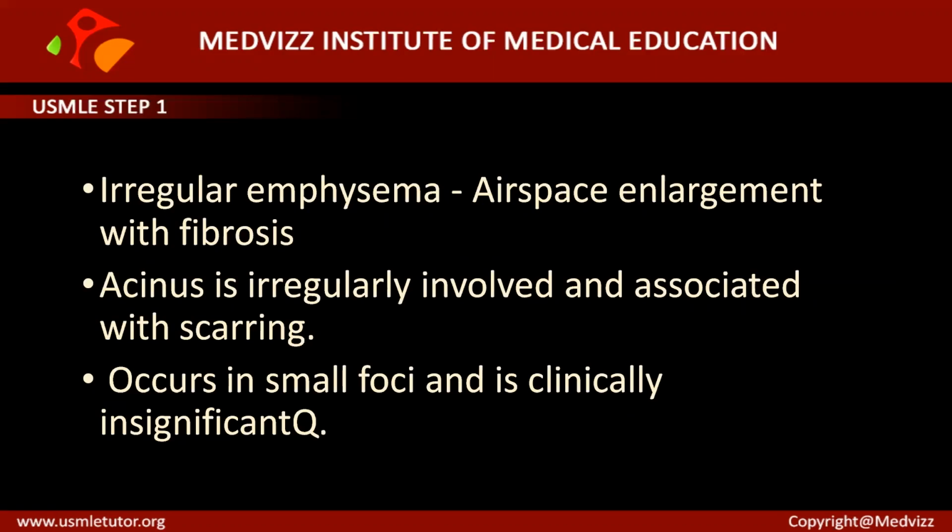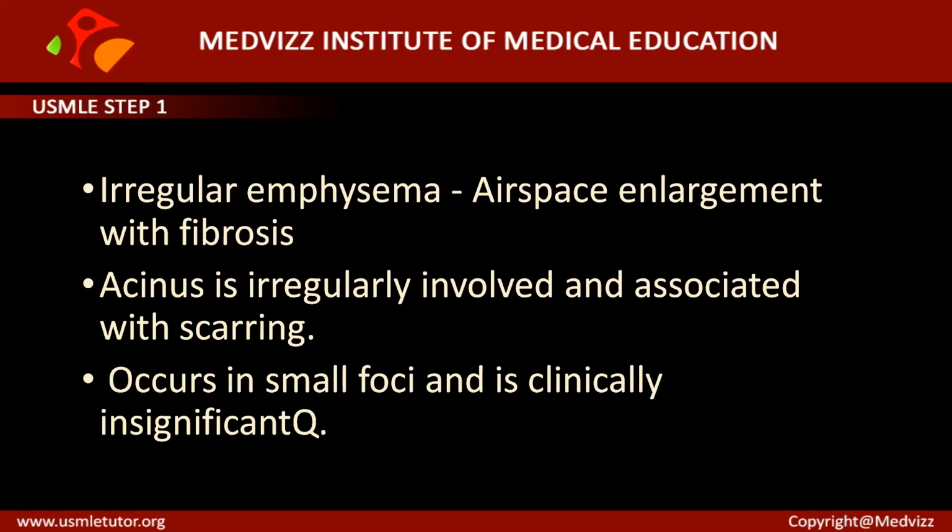Here airspace enlargement is seen with fibrosis. The acinus is irregularly involved, always associated with scarring, and mainly occurs in small foci. And remember, as I already mentioned, the irregular type is clinically insignificant and is histologically the more prominent type of emphysema.